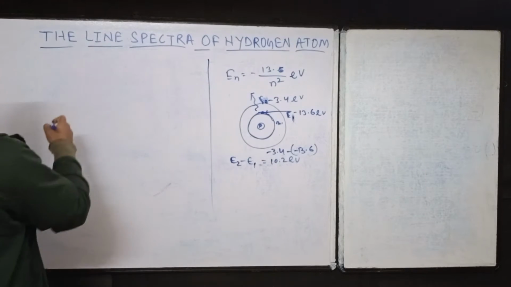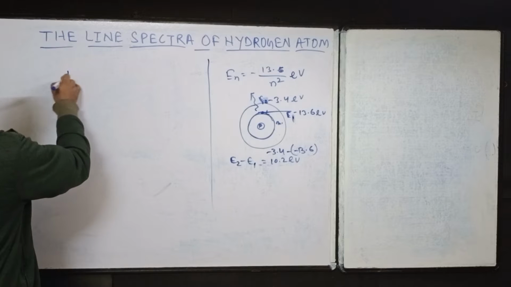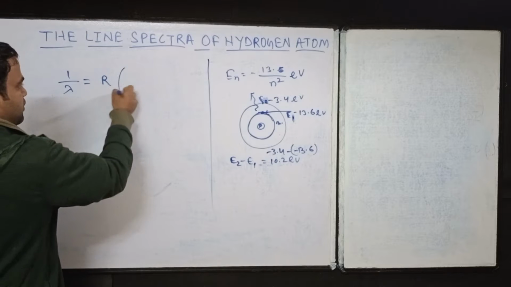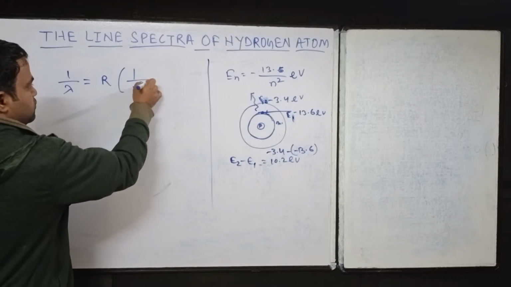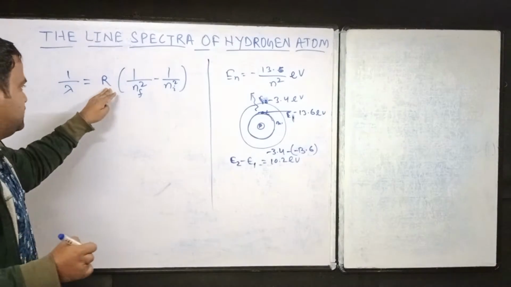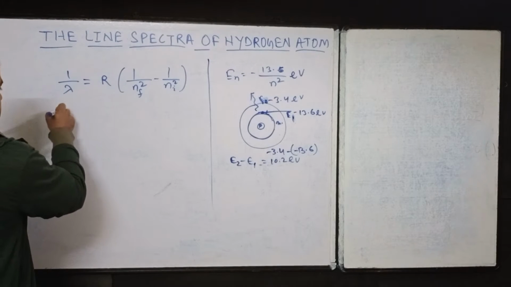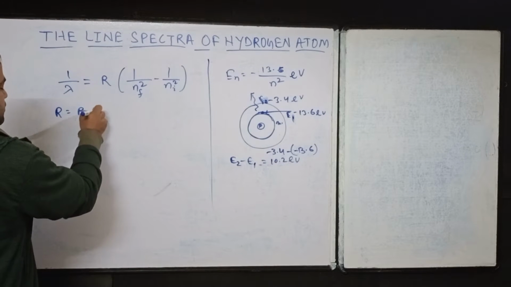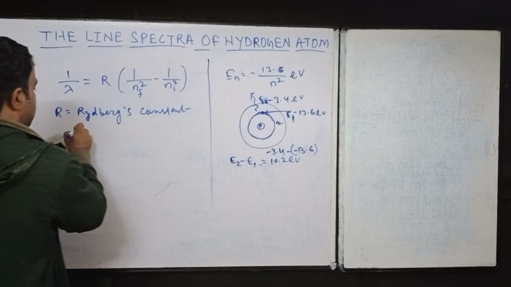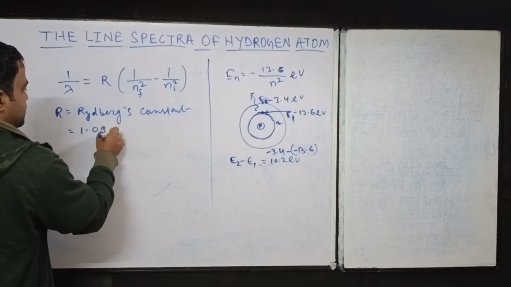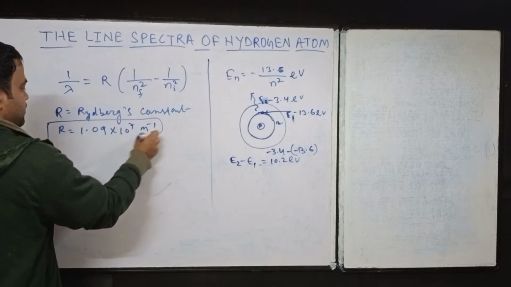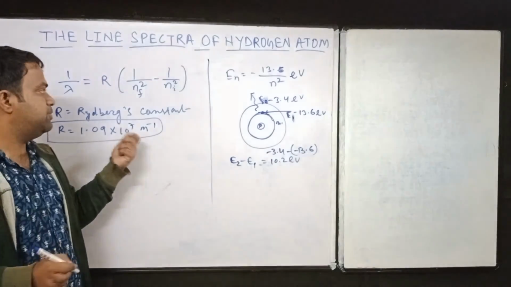Balmer calculated that 1 upon lambda is equal to R times (1 upon nf square minus 1 upon ni square), and this constant R is called the Rydberg constant. The value is 1.09 into 10 to the power 7 meter inverse, right? So this is the value of R, the Rydberg constant.